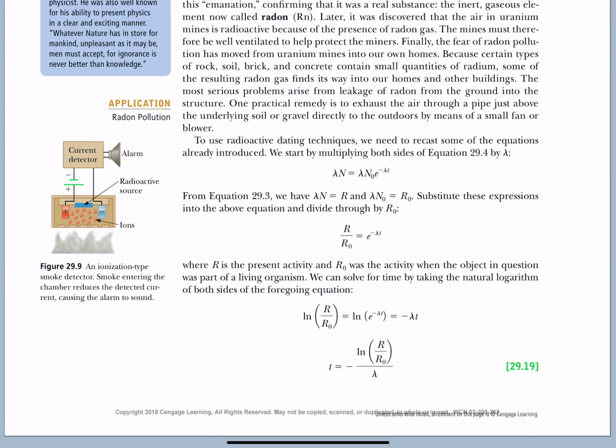Well, here, this equation, which again comes out of the calculus, similar to expressions we had before, basically says that if the letter R represents the present activity of a substance that is radioactive, say it has carbon-14 in it, and R sub zero is the activity that it probably had or should have had when it was living, you take the natural log of that ratio, and you can find the half-life of this substance.